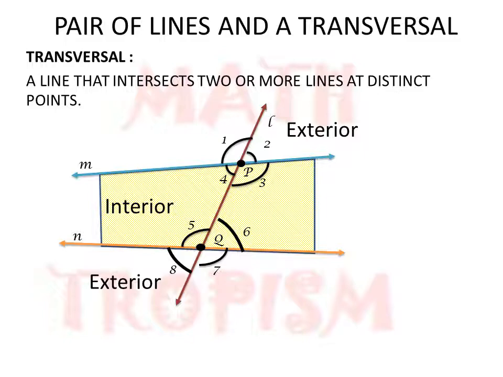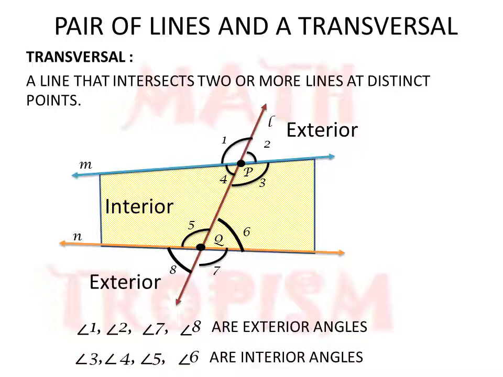We are considering both the lines now. So angles 1, 2, 7 and 8 are called exterior angles. Similarly, the angles which are between the lines M and N, that means 3, 4, 5 and 6, are called the interior angles.